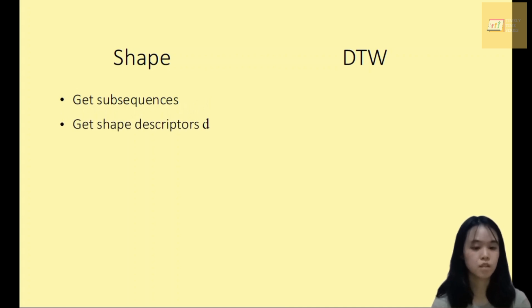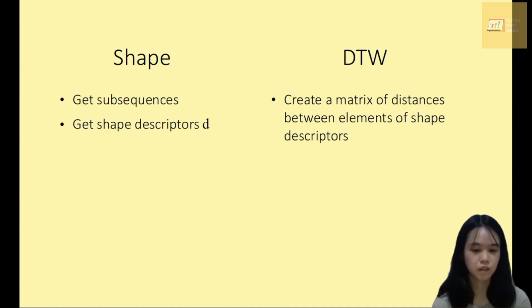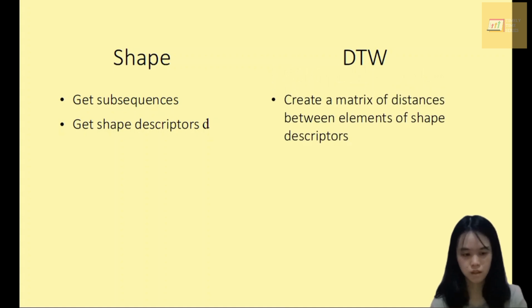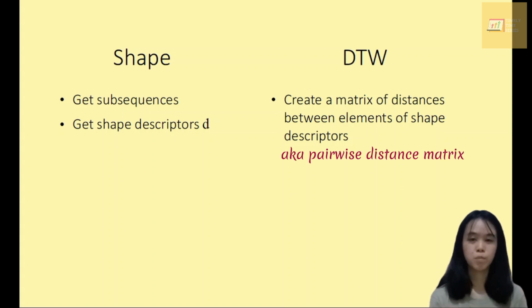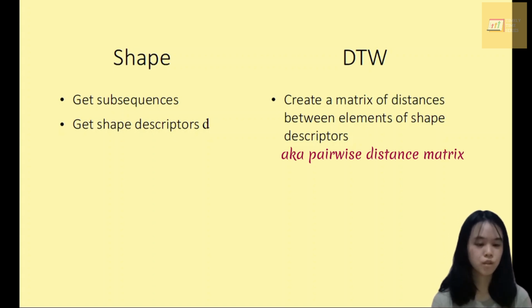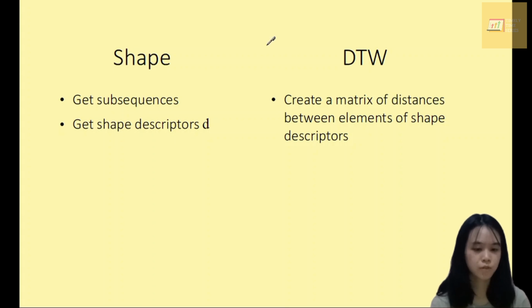And then for the DTW part, it's like the classical DTW. So we create a matrix of distances between elements. So this would be an element-wise operation. Let's say that we have two sequences. The first sequence is of length 9, and then the second sequence is of length 10.